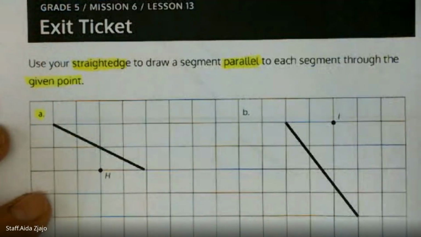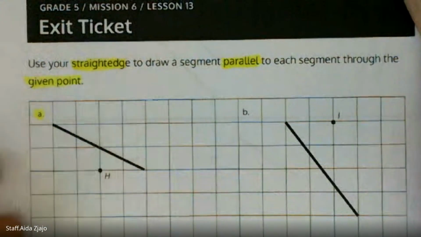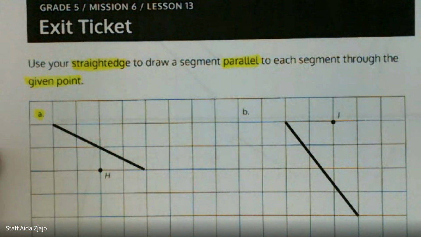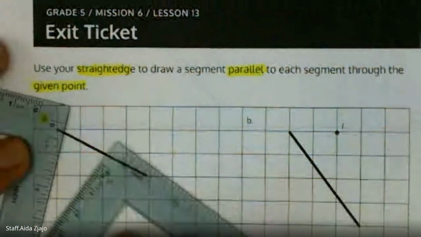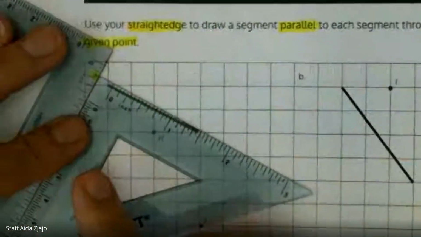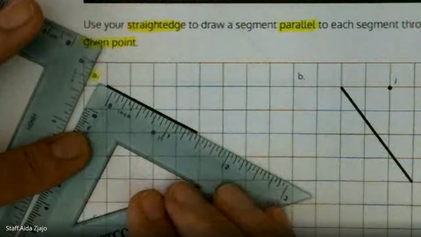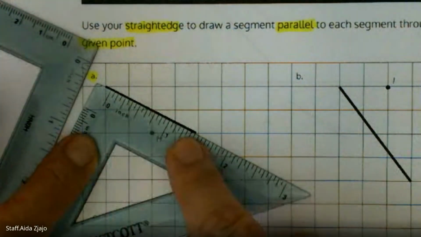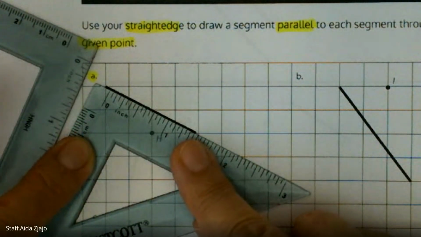So let's see A here. This is the line. The parallel line has to go through H. So when I look and take my little ruler, I can do it very easily by having one of my rulers parallel to that line segment.